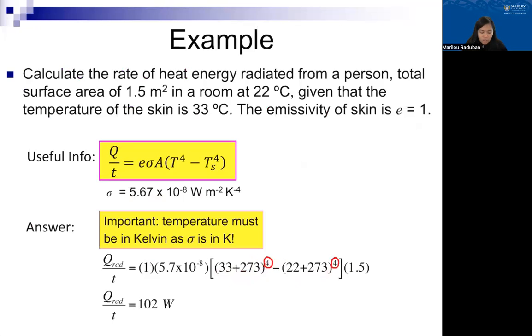In your calculator, you can use the EXP function and then the number 4. I have this kind of calculator, the Casio one, that has the EXP function, and that's where you get the power of 4. All right. Are we happy with the solution to this question? Good. So that essentially wraps up the discussion on heat transfer by radiation.